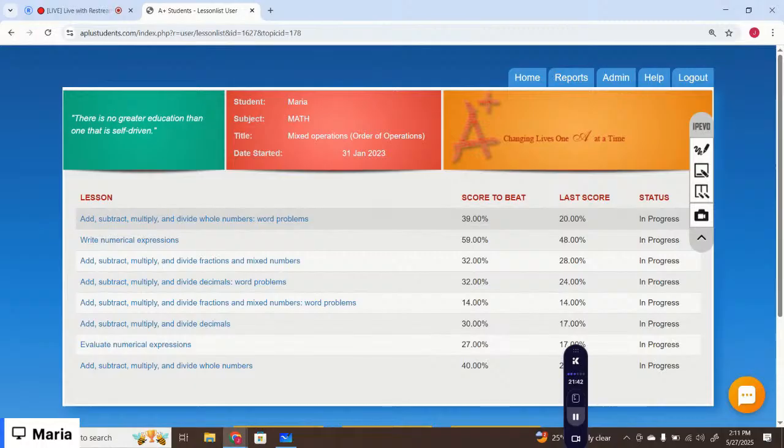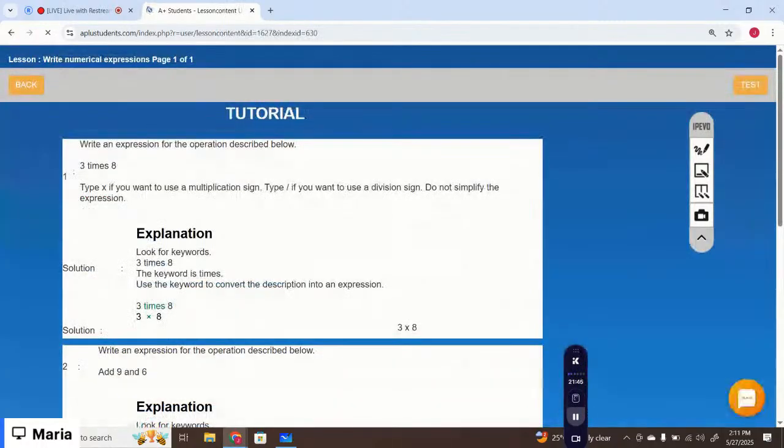Right, numerical expressions is the next lesson to start with. Write an expression for the operation described below. Times means you need to multiply them, right? So you have to do 3 multiplied by 8.